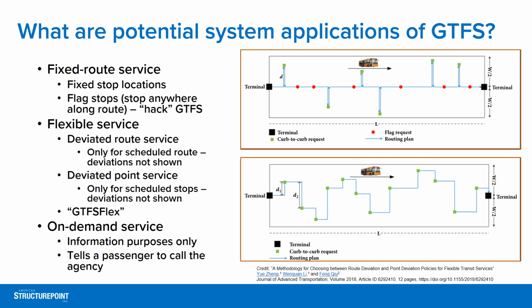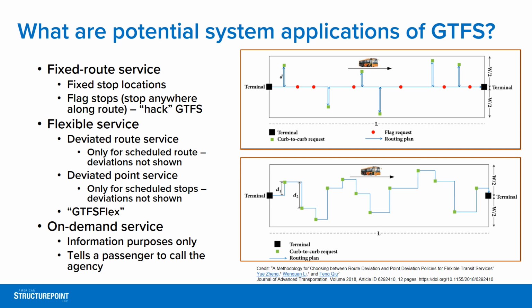When you code GTFS for a deviated fixed route system, be advised that it will still show up as a fixed route system. It's not going to show the potential for deviations. So that is a potential handicap when displaying deviated routes with the GTFS specification.